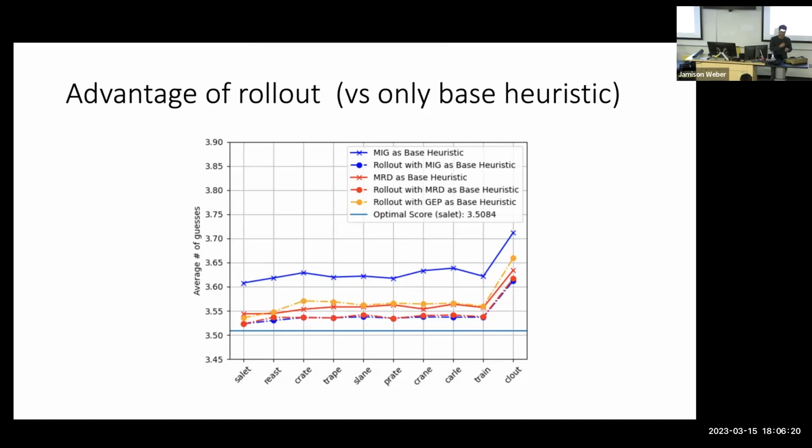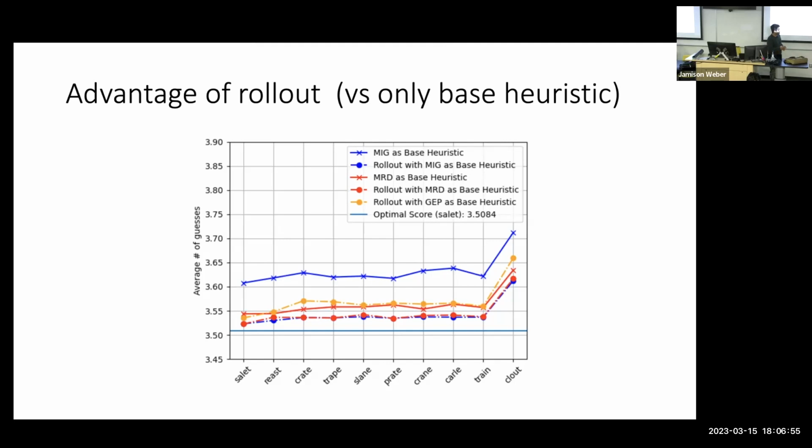Based on those 3 to the power 5 observations, each observation could lead to a different set of possible words that could be the final answer. I'll just choose the word that leads me to the smallest set. So that's one way of reducing your search space. For the greatest expected probability, I'll try to find an approximated probability of each word being the final answer. So again, that is also an approximate heuristic to get to the mystery word.